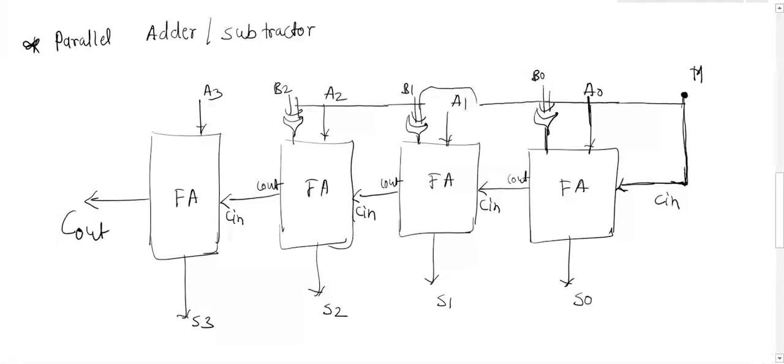Similarly, for the fourth full adder, the first input is B3 and the second input is M. This is M, this is M, this is M, and this is M.